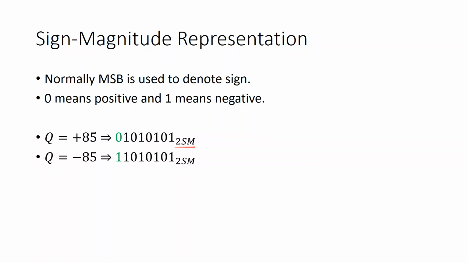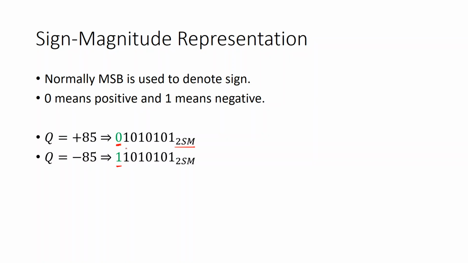Normally when we write 2, it means it is a binary number. Now we write it as 2sm, which means it is a binary signed magnitude representation. So when you look at the number as binary signed magnitude, you have to see the MSB. In the positive number the MSB is 0, in the negative number the MSB is 1, whereas the rest of the number remains the same.